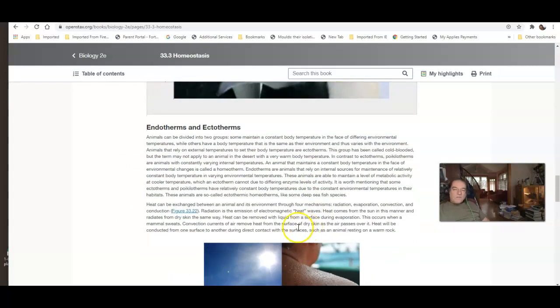All right. So we defined endotherms and ectotherms before, but we'll just double check that again. An endotherm generates its temperature internally. Ectotherms can regulate their temperature as well, but that can only be using the environment around them.